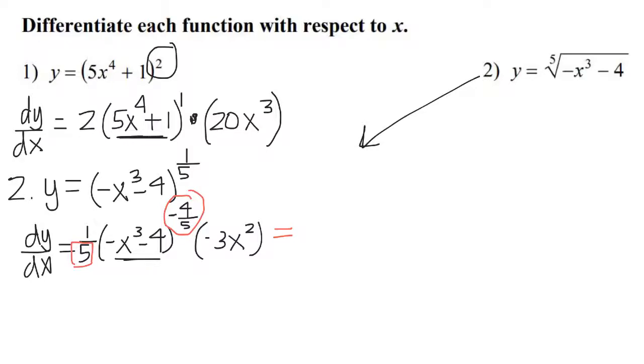So when I start rewriting it, notice negative 3x squared has positive exponents, so I'm going to leave it in the numerator. And then in my denominator, I have 5 times, and then I'm going to move what has the negative exponent to the denominator and make the exponent positive.